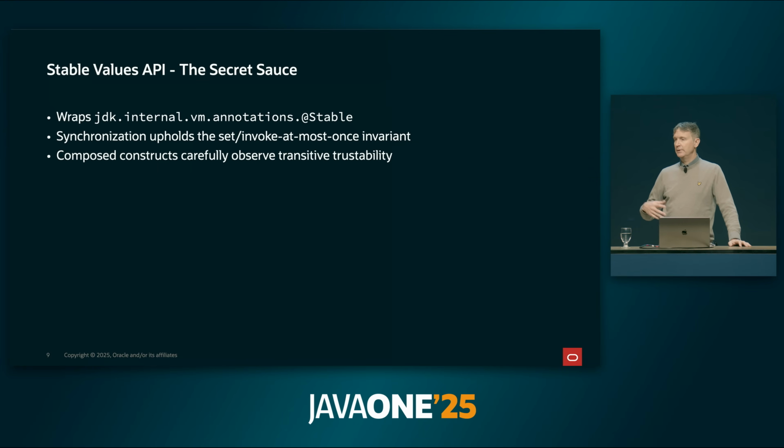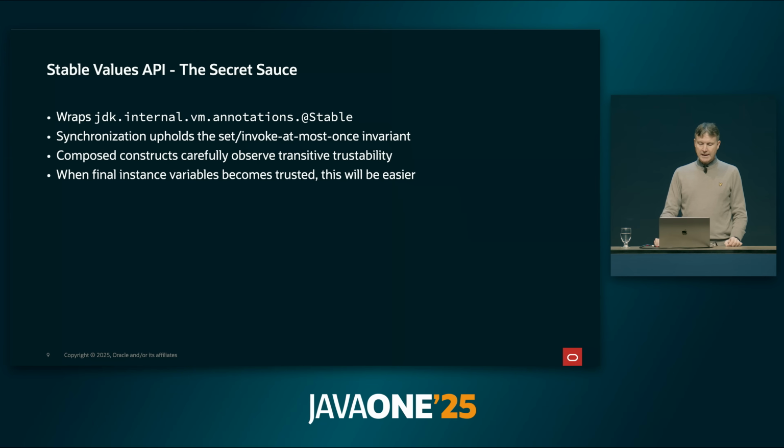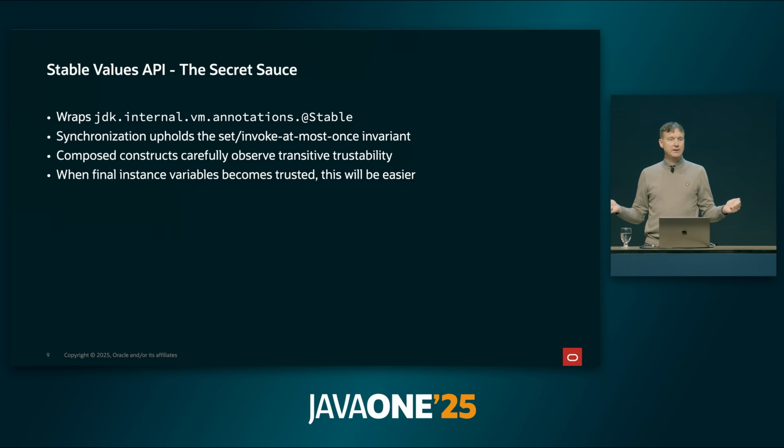And all the stable functions and stable collections I showed carefully observe this transitive trustability chain. And when final instance fields actually become final in a few JDKs, hopefully everything will be much easier to use StableValue, because then you can just use them as any instance field.